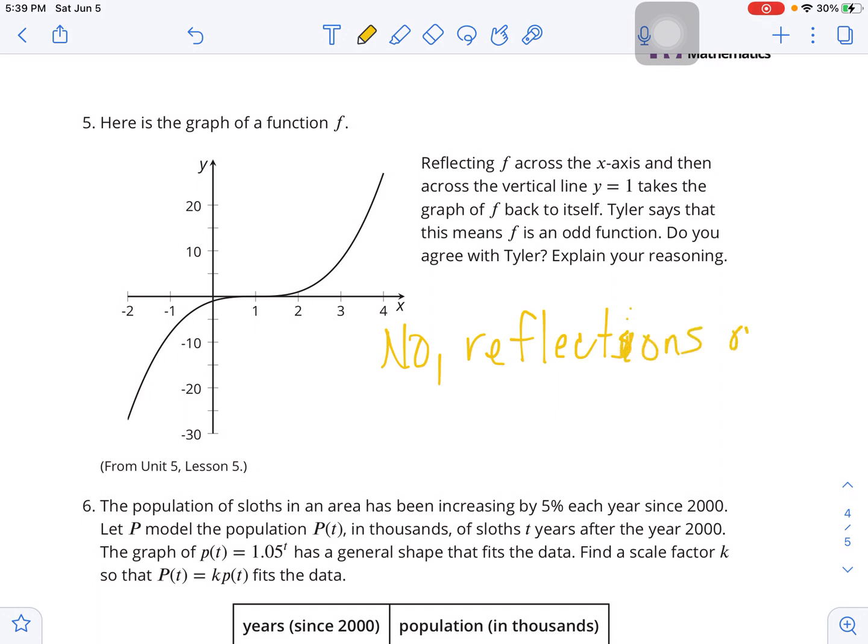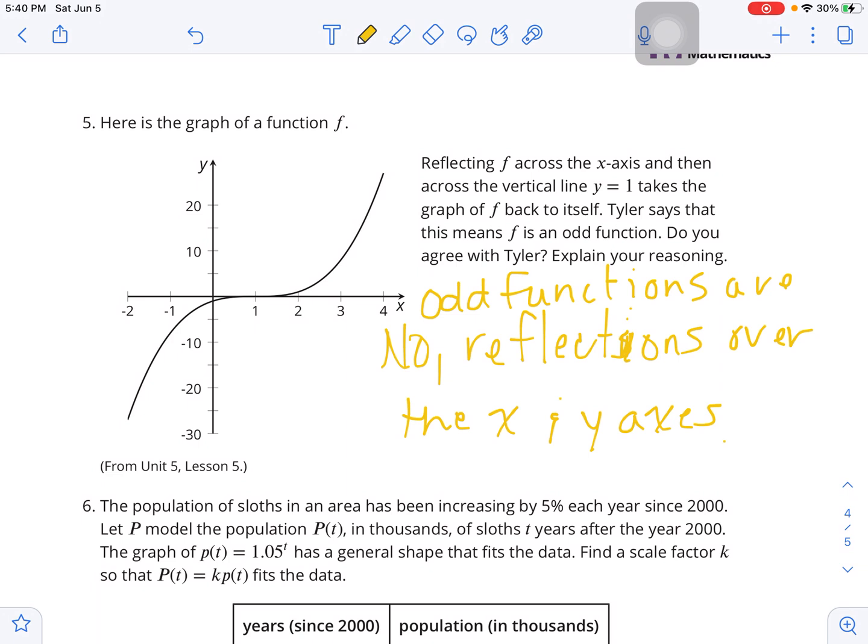So odd functions are reflections over the x and y axes without change.